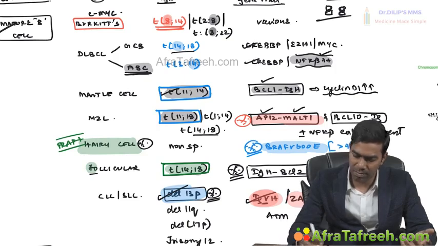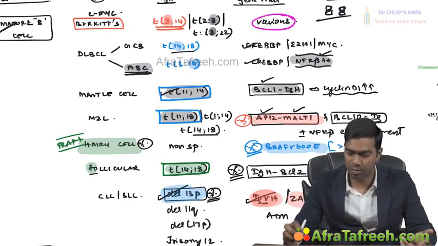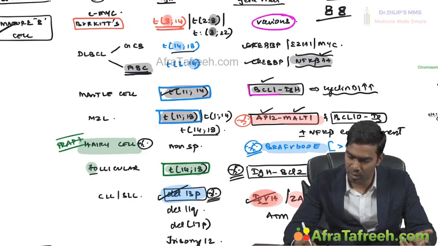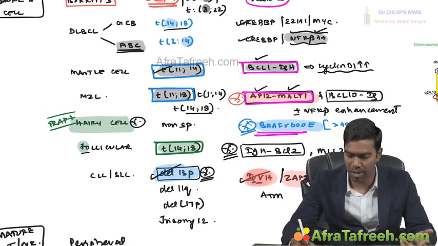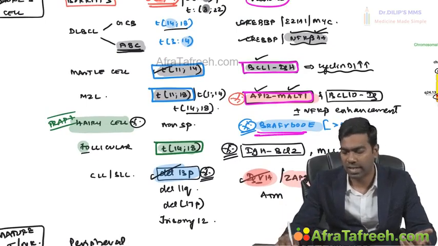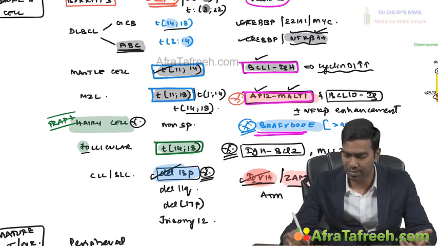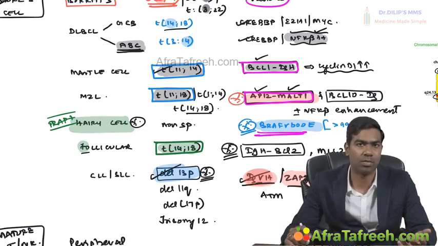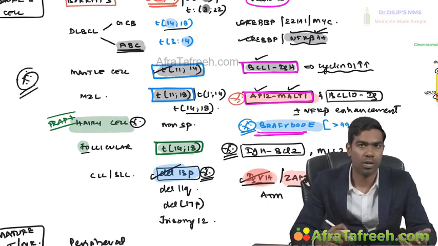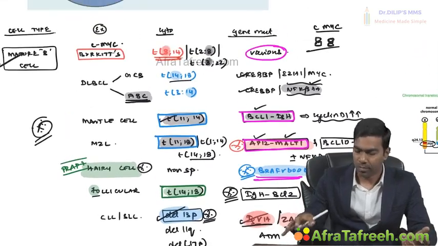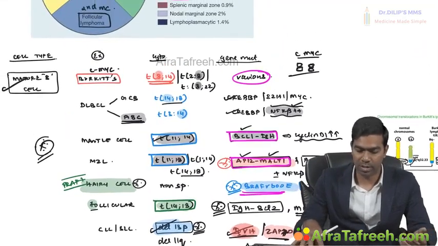Then c-MYC amplification in case of Burkitt's, then BCL1 immunoglobulin H translocation in mantle cell, then your API2-MALT1 in marginal zone lymphoma, and more importantly this BRAF V600E mutation in case of hairy cell leukemia, and ZAP70 and immunoglobulin heavy chain mutations in case of CLL and SLL. All these things are absolutely important for exams. You cannot go to the exams without knowing all this stuff.